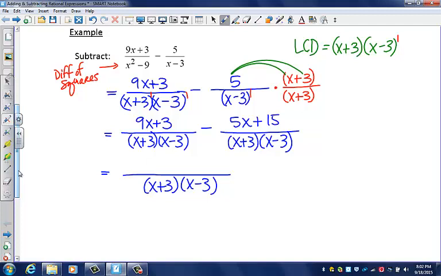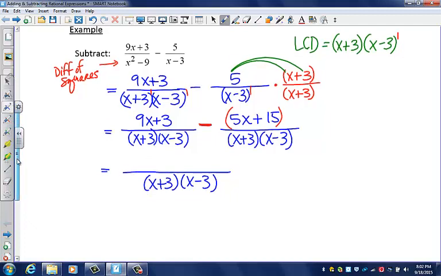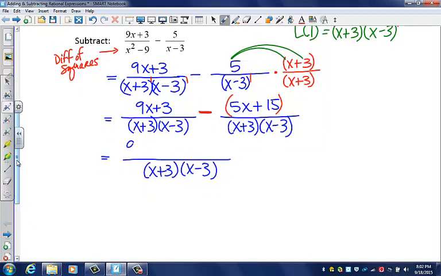So you have to be careful when you're subtracting. Since what I'm subtracting, 5x plus 15, has more than one term, remember we have to use parentheses so we make sure that we subtract both of those terms, both the 5x and the 15. So ultimately what I need to do is distribute that negative sign through those parentheses, to make sure I subtract both of them.